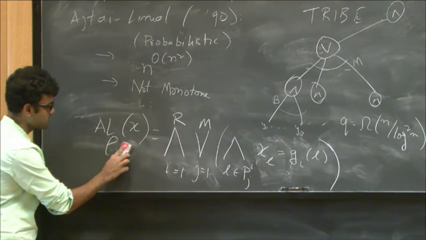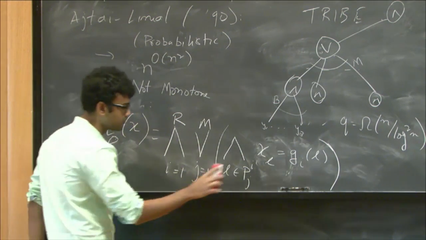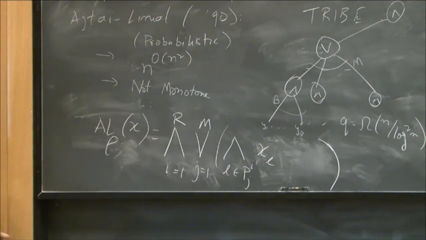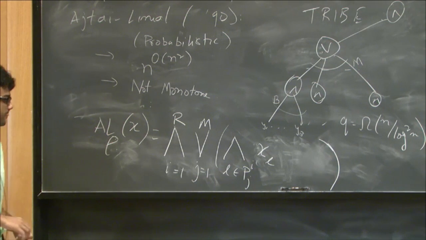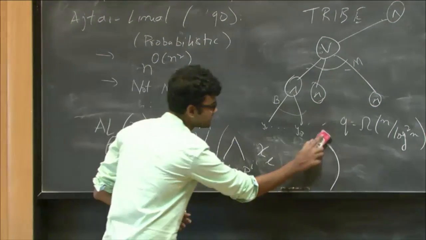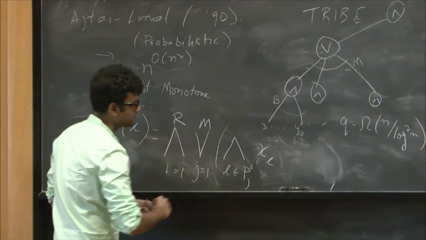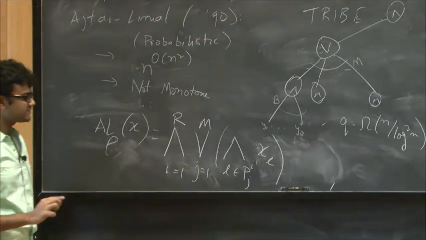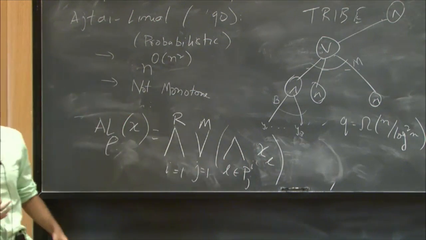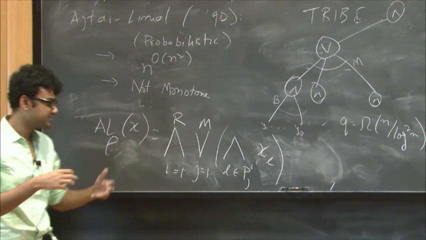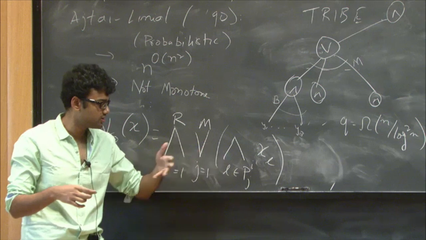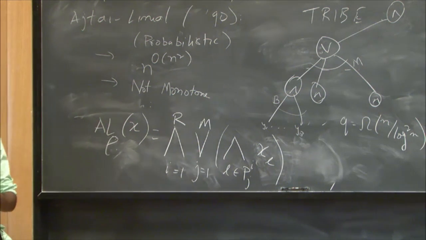So the first modification is to just remove the functions G. That's pretty much the construction, except that each variable XL is also now a circuit on a disjoint set of variables. It's a CNF on a disjoint set of variables.